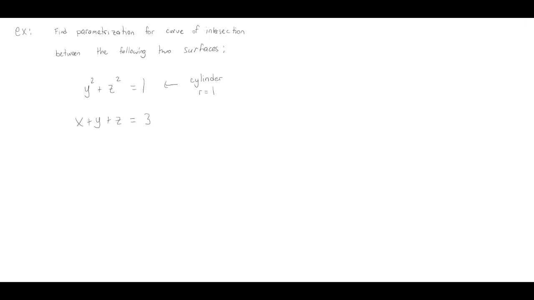So this equation describes a cylinder of radius 1, along the x-axis. I'll try to draw a rough sketch of this. Yeah, so it's a circle of radius 1 along the x-axis, so something like this. Okay?